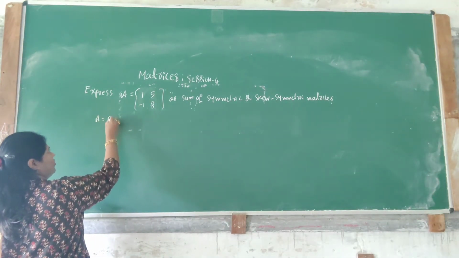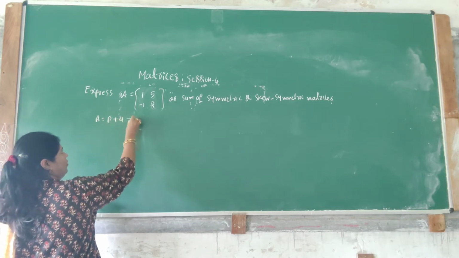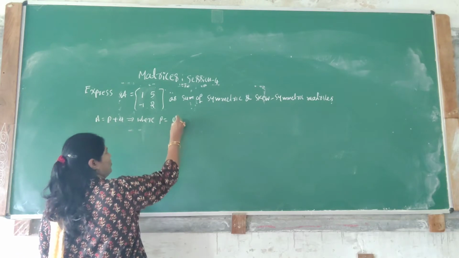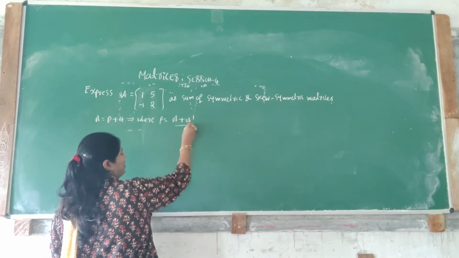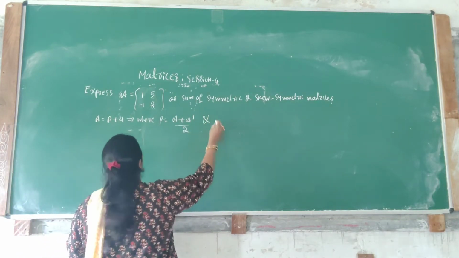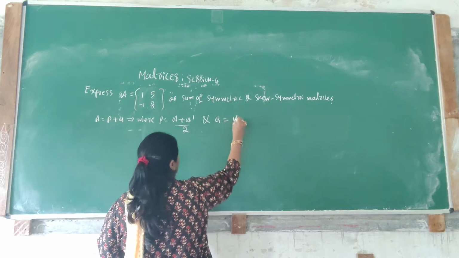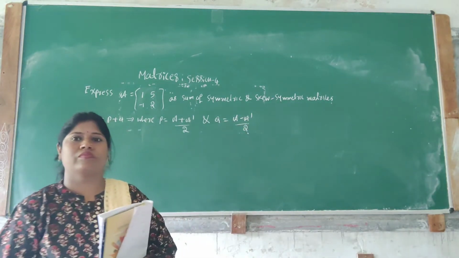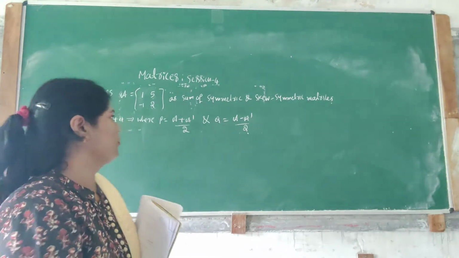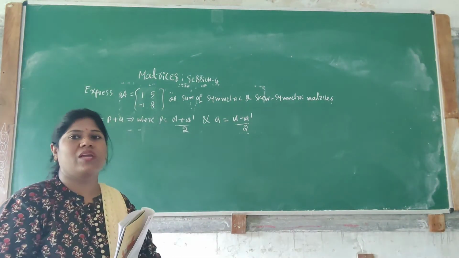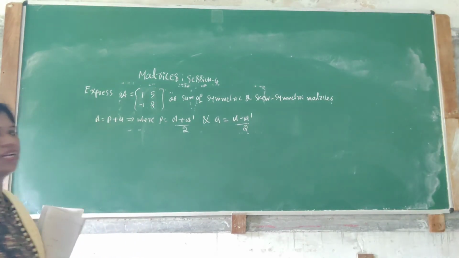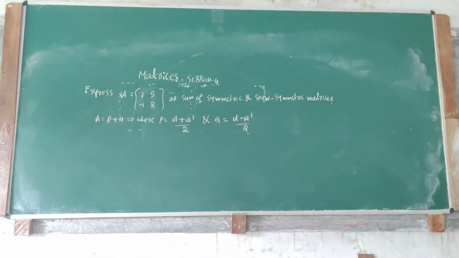A equals P plus Q, where P equals A plus A dash divided by 2 and Q equals A minus A dash divided by 2.